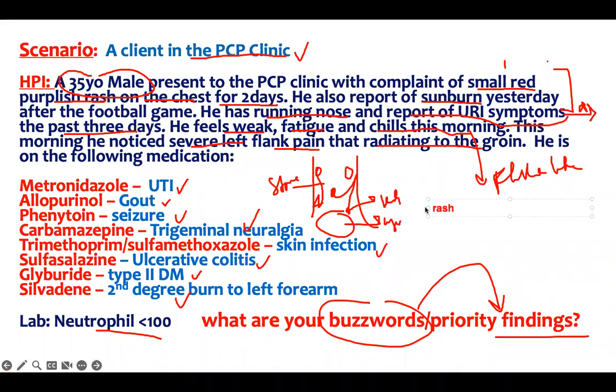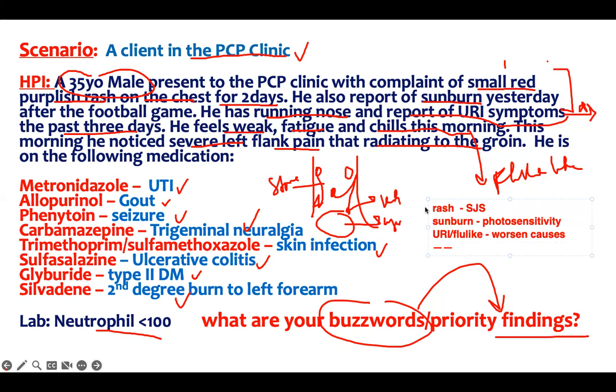We have a rash: this is Stevens-Johnson syndrome. We have a sunburn: this is photosensitivity. Then we have a runny nose, so URI symptoms, flu-like symptoms. This is being worsened or caused by something; that may be related or unrelated.